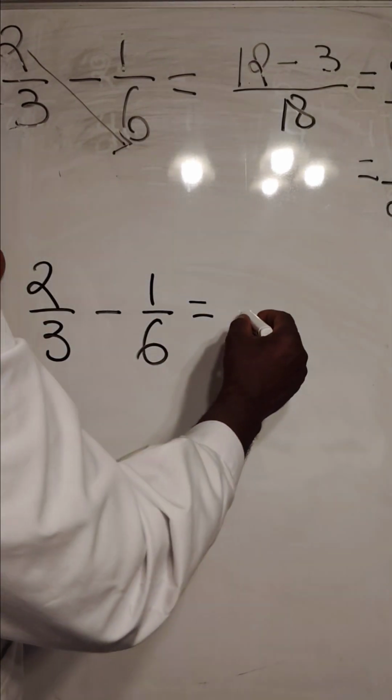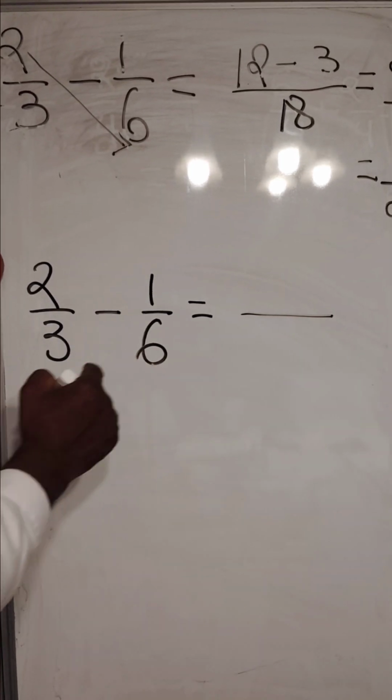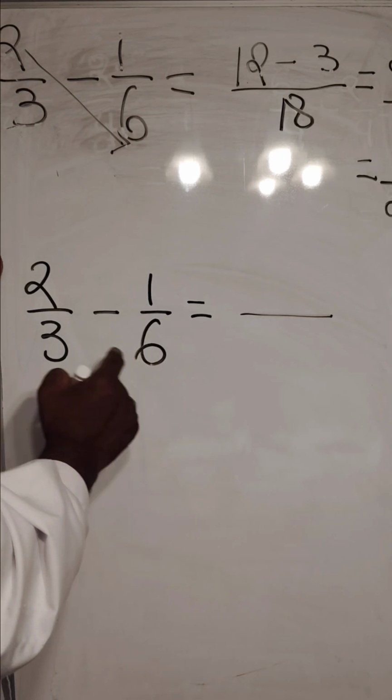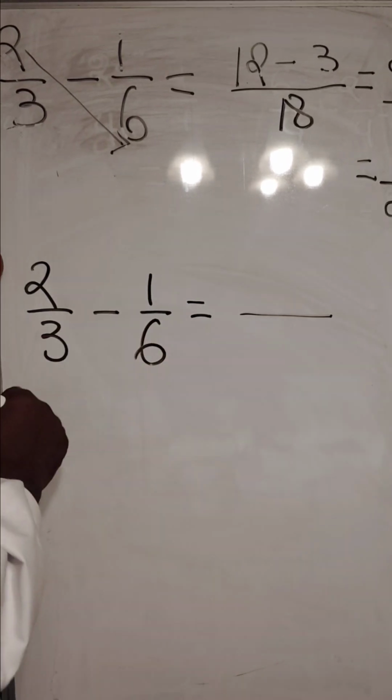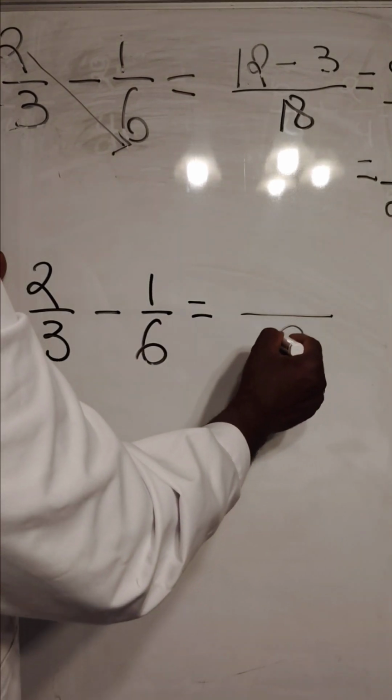All right? So let's deal here with the other approach. The other approach right here is to know the lowest common denominator between the 3 and 6. I know the lowest common denominator between the 3 and 6 is 6.